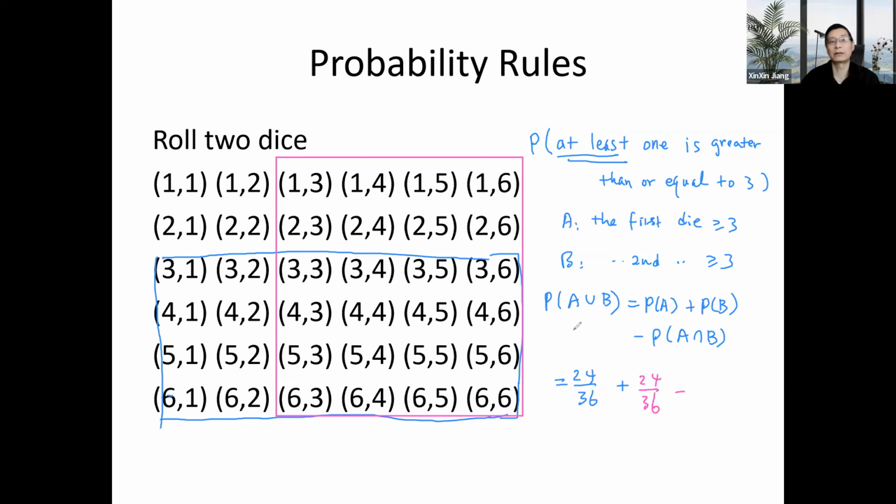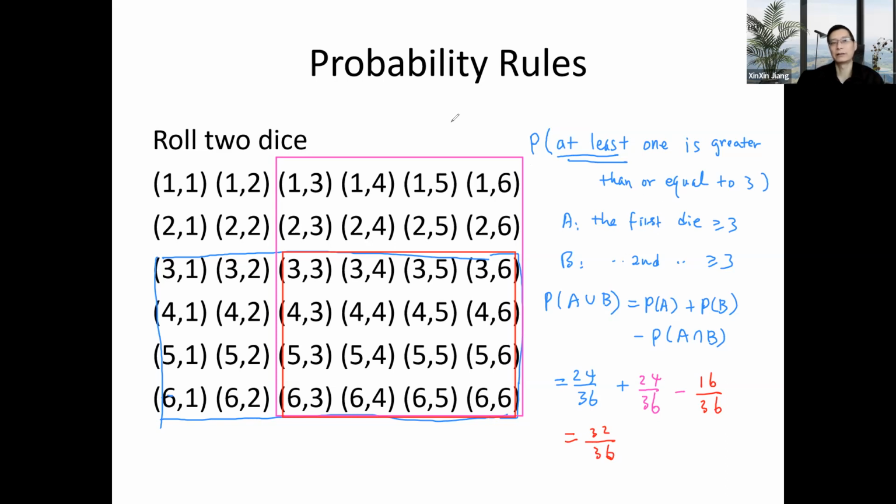And then minus both are greater than or equal to 3. You have 16 out of 36. So 48 minus 16 is 32 out of 36. All right, so this is one way of doing that.